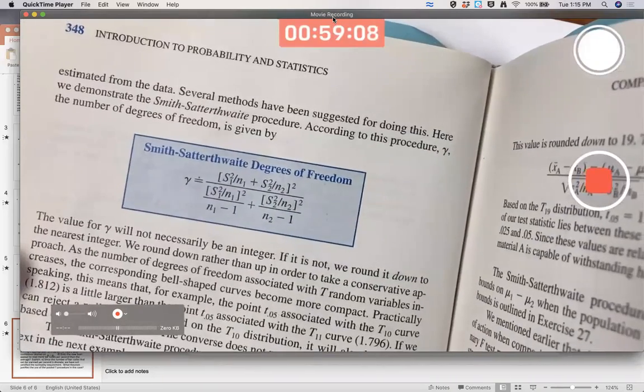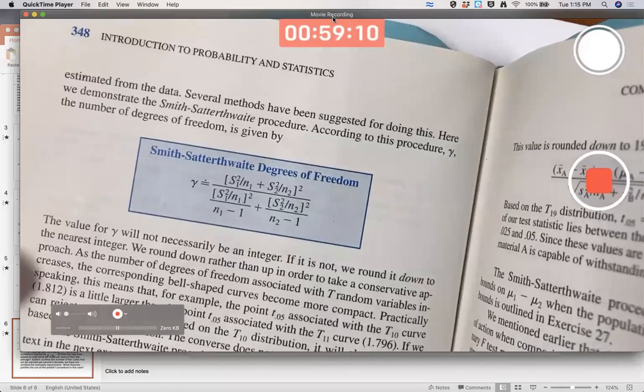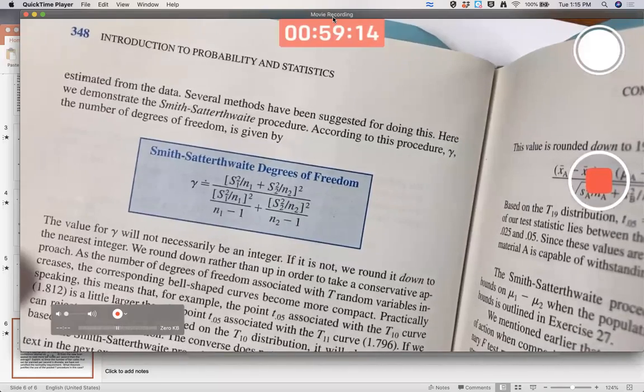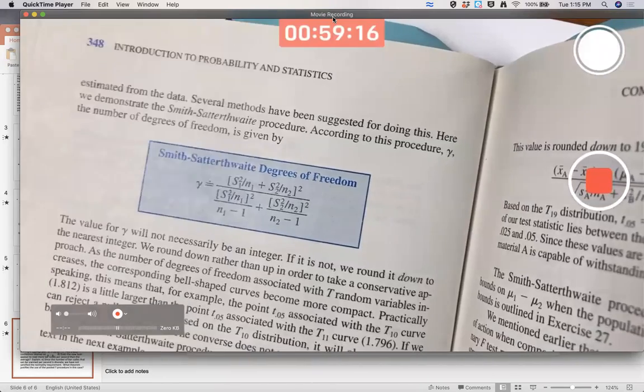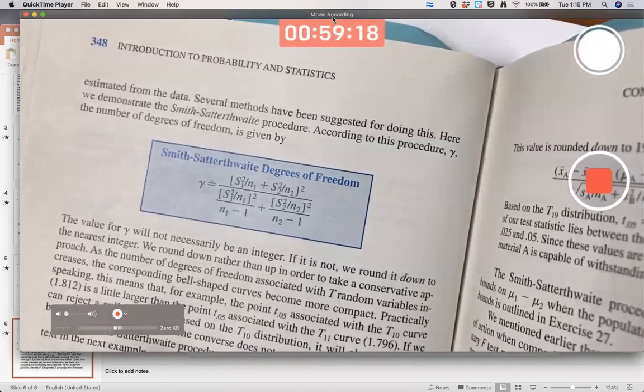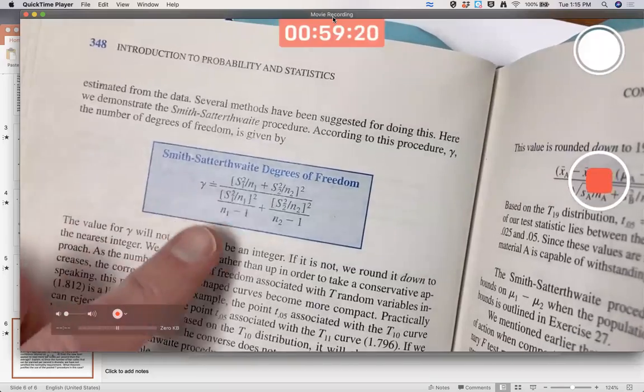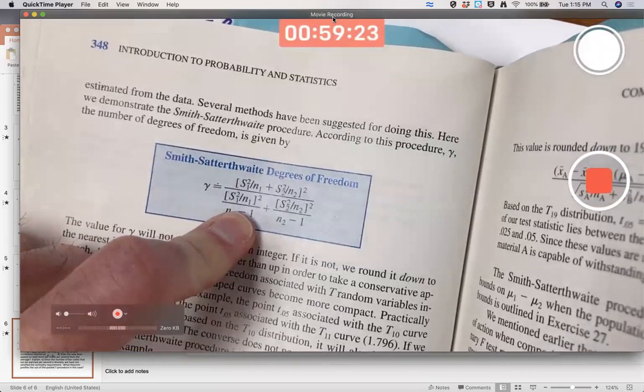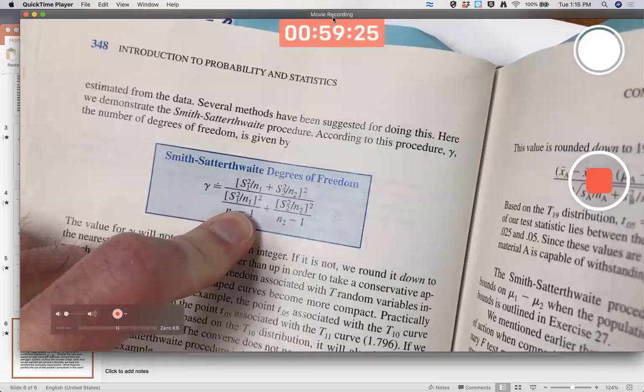The Smith-Satterthwaite degrees of freedom formula. Yikes. I'm stretching the truth here, but I'm going to say it anyway because it's kind of funny. I think I'd never been able to use this formula without making a mistake.